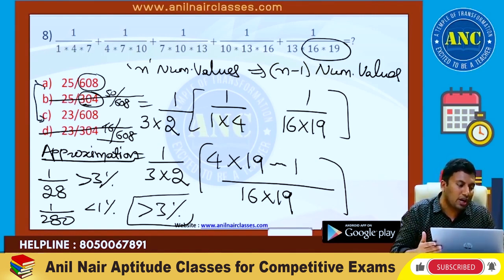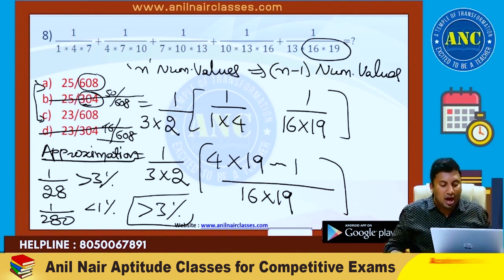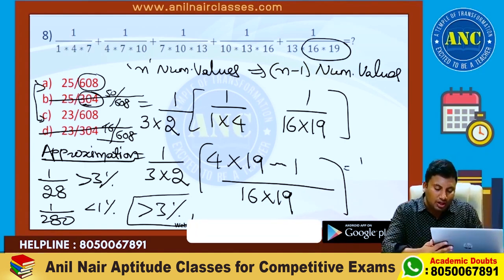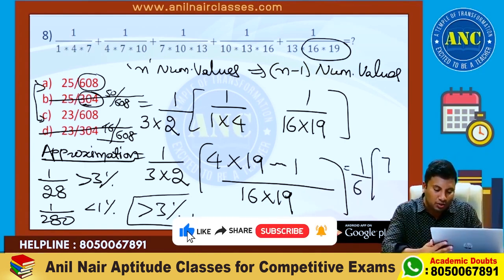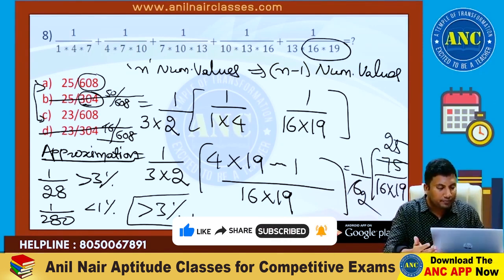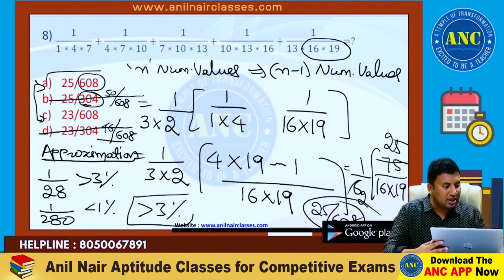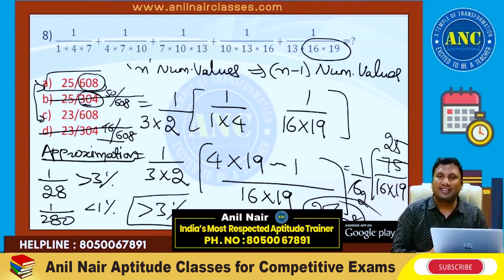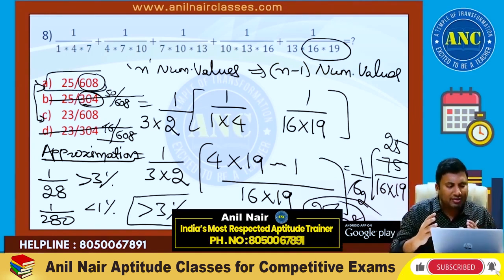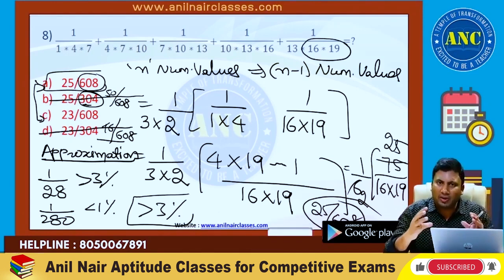So two options you are able to eliminate because of this option saving approach. 25 by 608, I hope it is clear, right? So greater than 3%. 23 by 608 is just less than 4%.